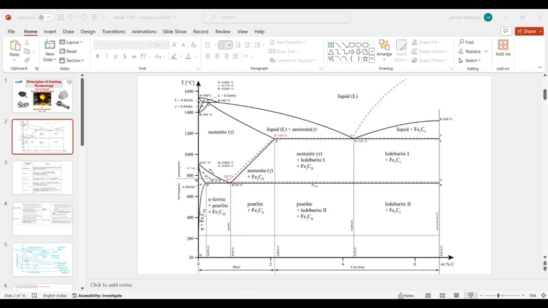Okay, so after hardness and ductility, one more word comes into the picture, that we call toughness. When we talk about toughness, we generally talk about ultimate tensile strength or something like that. Toughness is basically the mixture of hardness and ductility both.